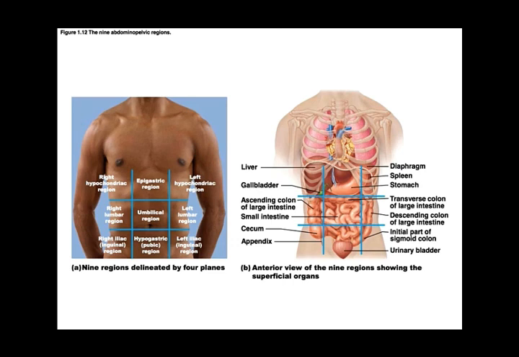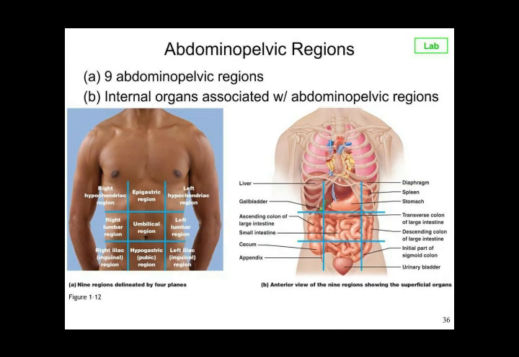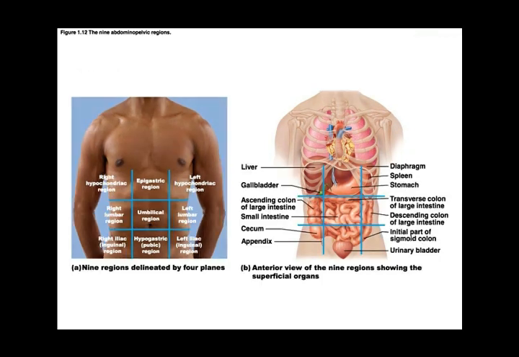Then the transverse colon of the large intestine and the small intestine are located in the umbilical region. The descending colon of the large intestine is located in the left lumbar region. In the left iliac or inguinal region, the initial part of the sigmoid colon is located.